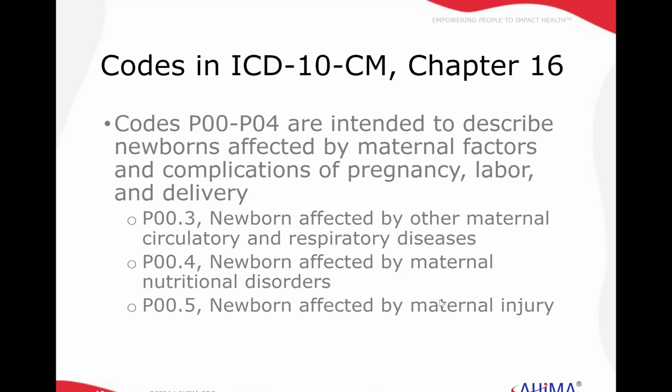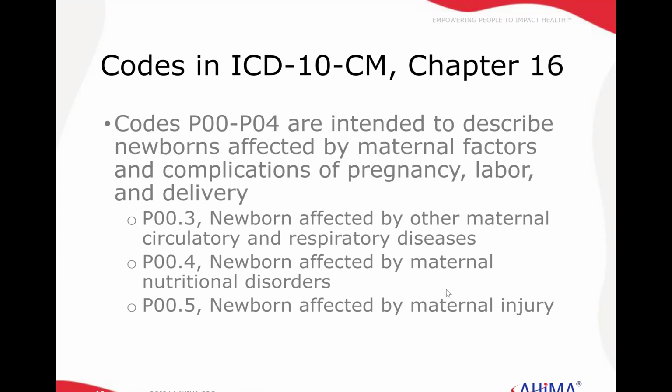Codes P00 through P04 are intended to describe newborns affected by maternal factors and complications. This could be, for example, P00.3, newborn affected by maternal circulatory and respiratory diseases. P00.4, maternal nutritional.